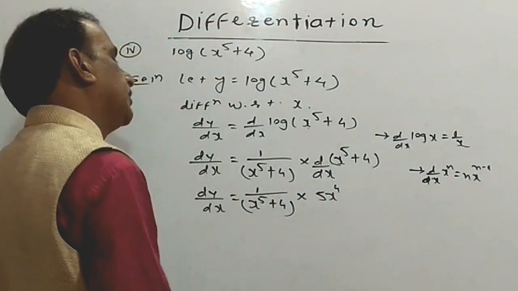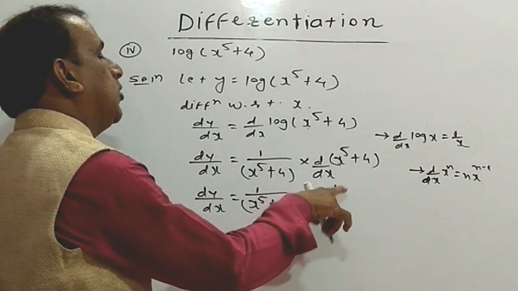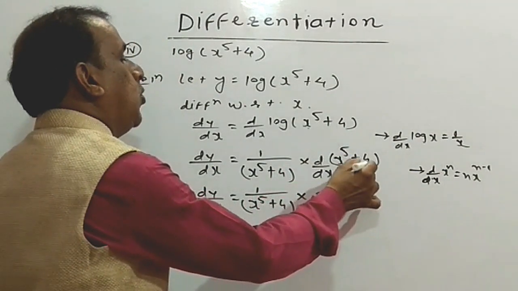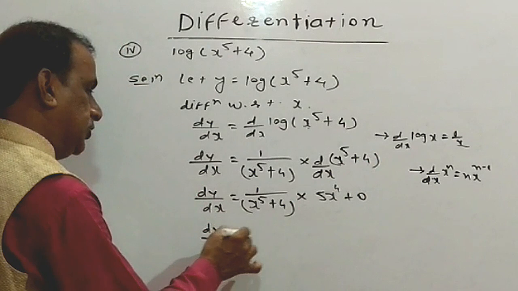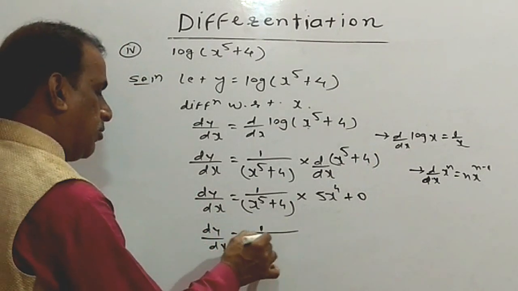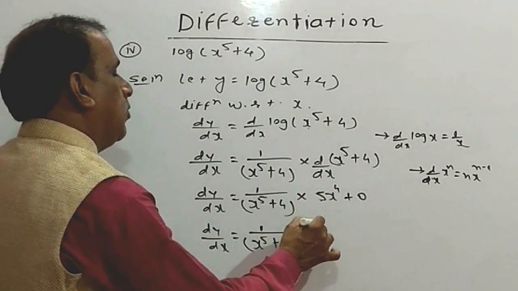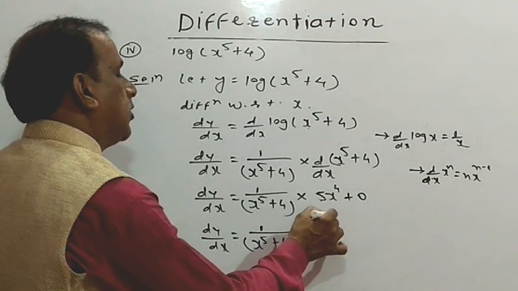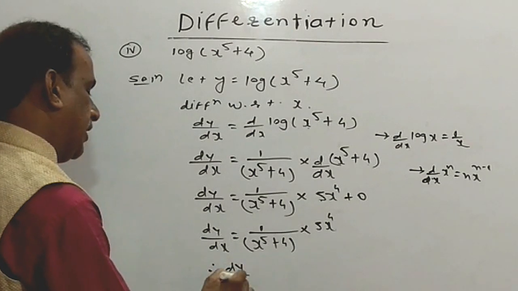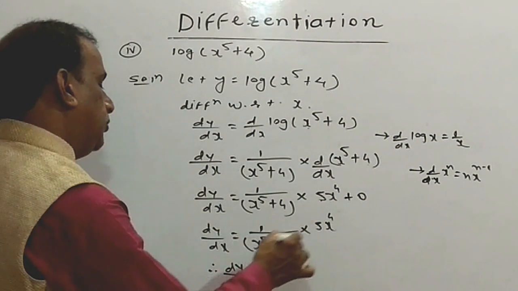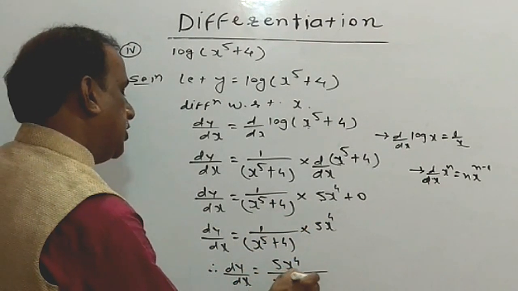The derivative of x to the power 5 is 5 into x to the power 5 minus 1, which is 5x to the power 4, plus the derivative of 4, which is a constant, so 0. So dy/dx is equal to 1 divided by x to the power 5 plus 4, into 5x to the power 4. Therefore dy/dx is equal to 5x to the power 4 whole divided by x to the power 5 plus 4.